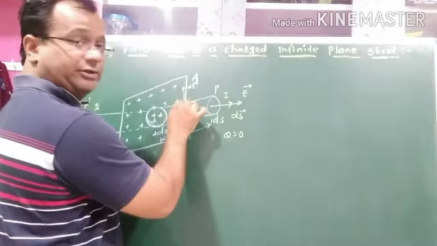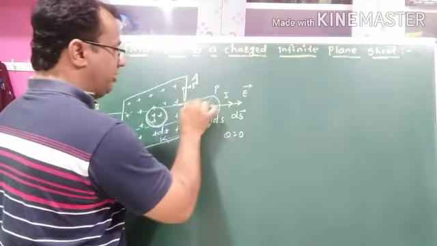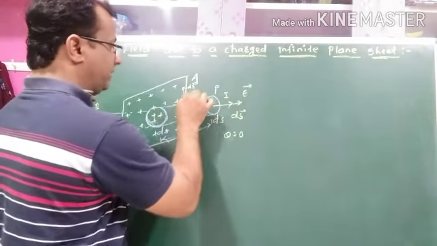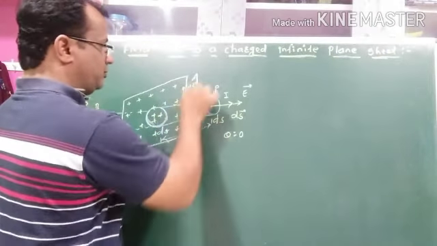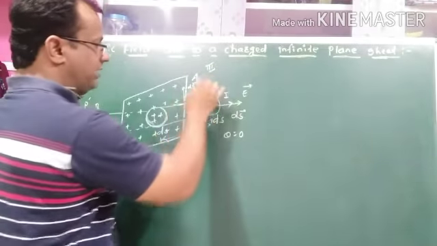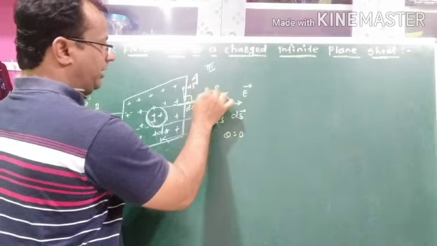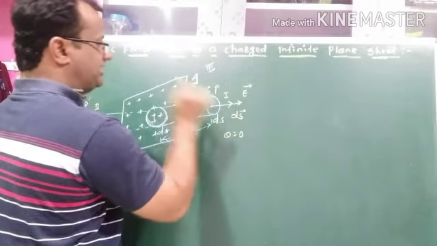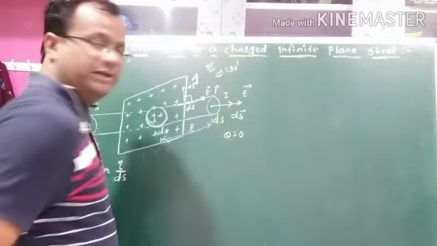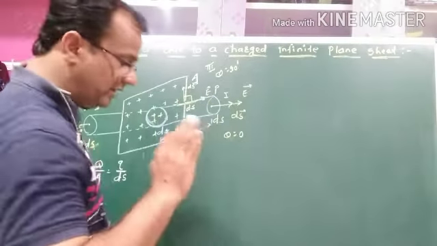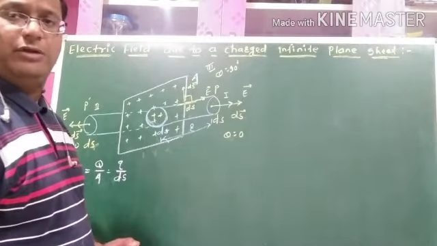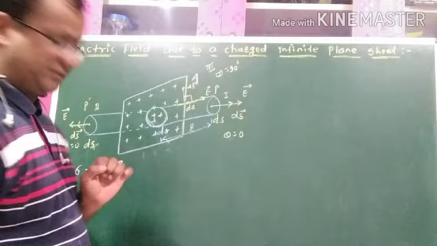But for this point the direction of the electric field intensity is outward. Here for the third case, the angle between E and ds is 90 degrees. It means that for this case the angle is 90 degrees. Then, using all this, we want to find the value of the electric flux.